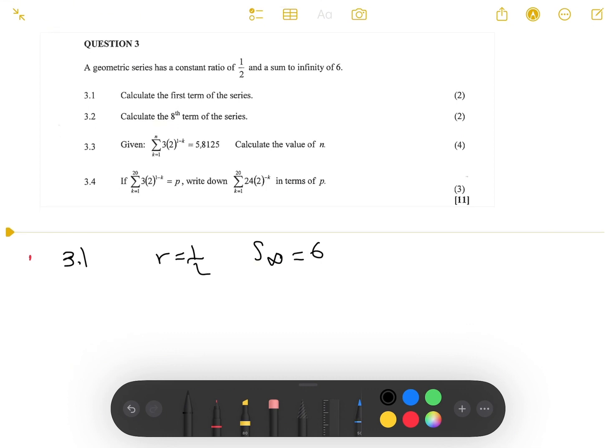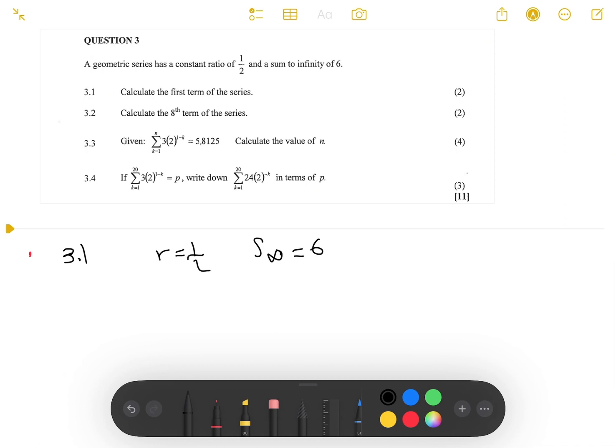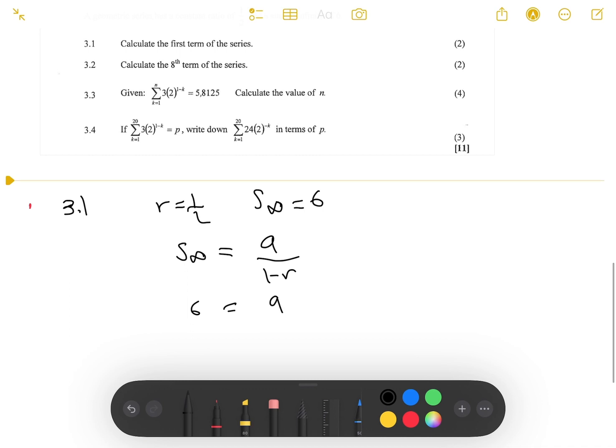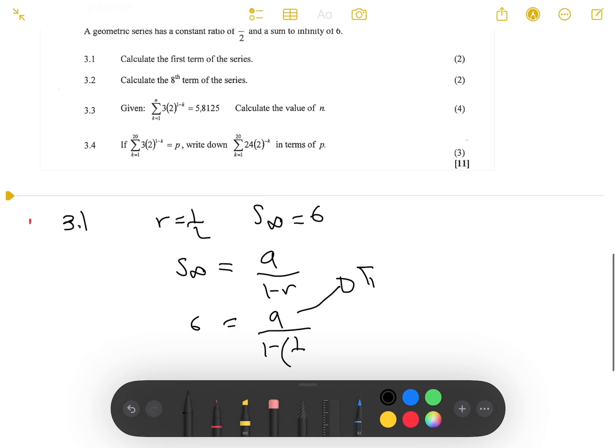And then first term of the series, basically it will be what? We know S infinity equals a over 1 minus r, right? Of which we know this is 6 as given, and then a is the first term, right? a is basically T1. 1 minus, what is the ratio that we're given? It is half.